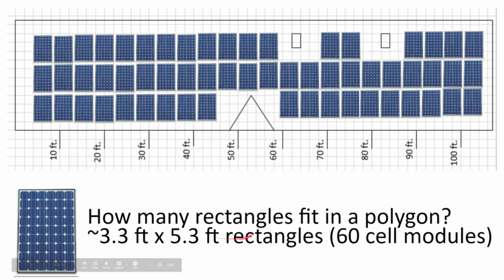Likewise, try to avoid placing just a couple of solar panels off by themselves on a small roof surface, regardless of how ideal the orientation is, simply because of installation complexity. A pallet of solar panels is almost always between 20 and 30 solar panels, each roughly 3 1/3 feet wide by 5 1/3 feet tall.